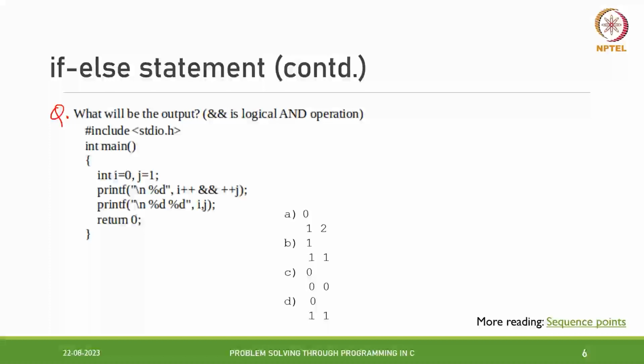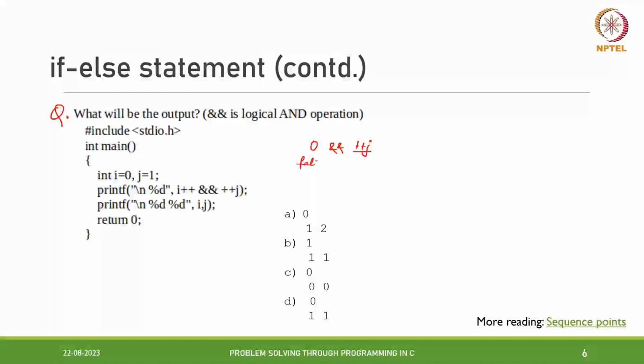Option A. Option B. So basically, what is this condition? If I write the condition here, it will be 0 and something ++j.